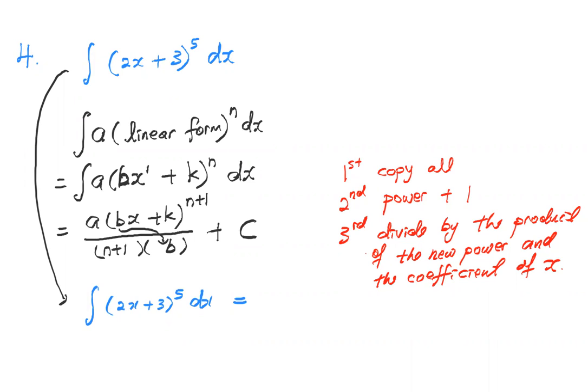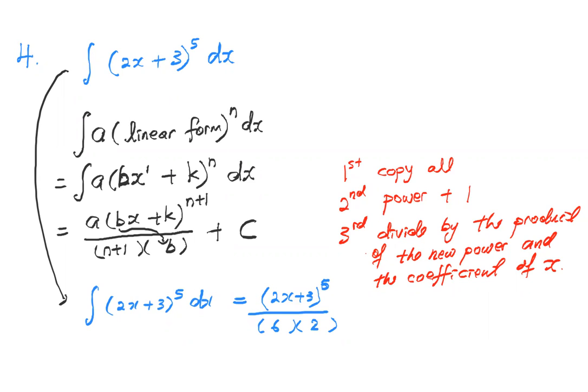Have you got the answer? Follow the formula. Copy down the whole thing. Power plus 1, that is 6. Divide by, there are two numbers here. One is the new power, the other one is the coefficient of x.